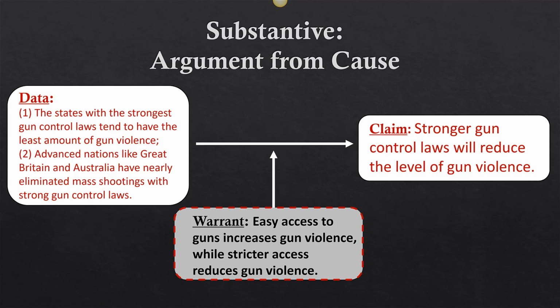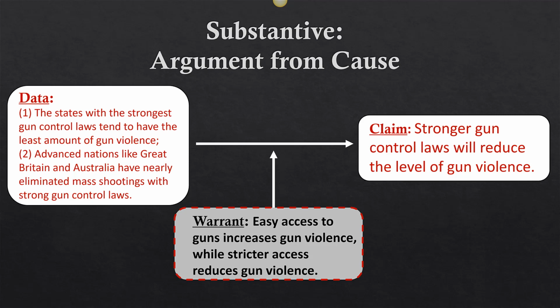So the warrant is, of course, very similar to the previous one. Easy access to guns makes gun violence more possible, whereas guns in fewer hands would reduce the possibility of gun violence. Now, to shore up the reasonableness of this warrant, Obama provides a couple of important comparisons. With regard to the states with the strongest gun control laws, as well as with regard to advanced nations that have stronger gun control laws and nearly eliminated their mass shootings, he provides a much more compelling causal relationship.